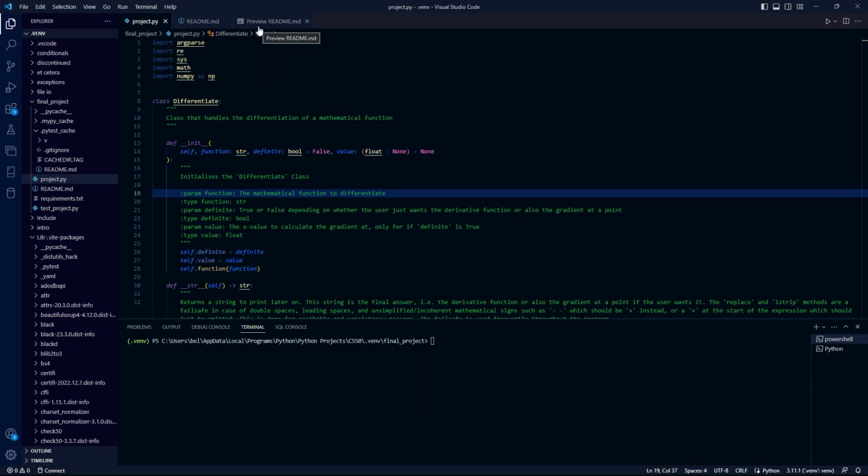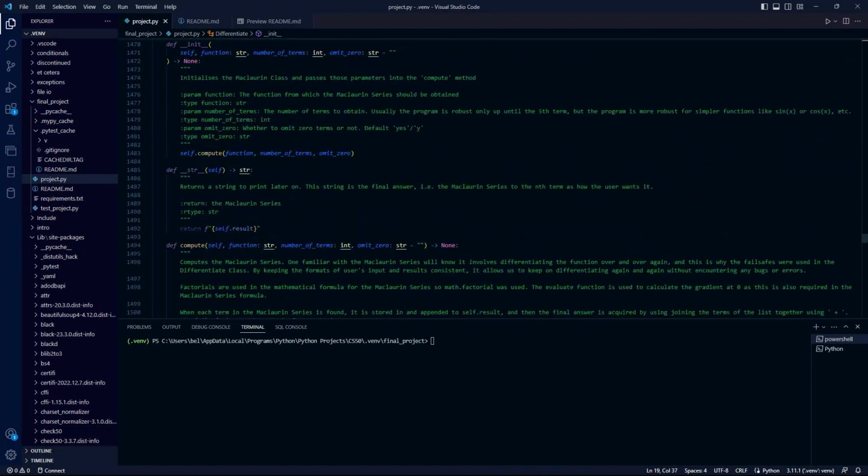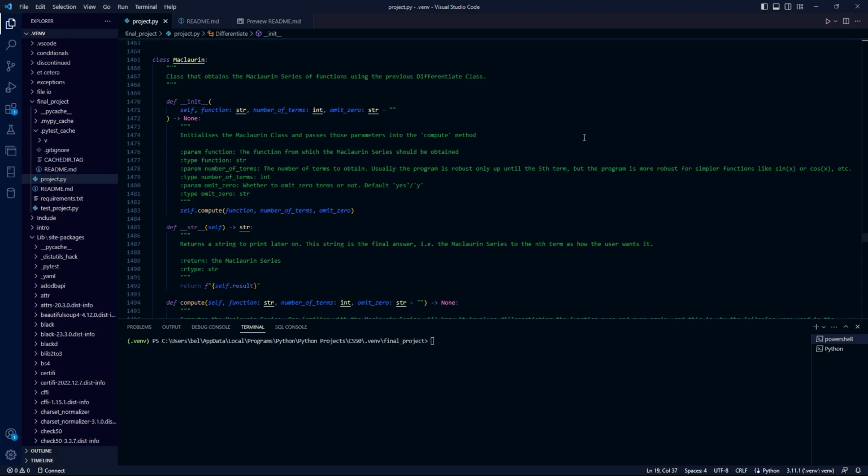And I thought that something like differentiation would be fitting to try and automate because the process of differentiation doesn't really change that much. It has a consistent pattern. So I created this program which is able to differentiate functions as well as, if we go down here, obtain the Maclaurin series of certain functions as well.